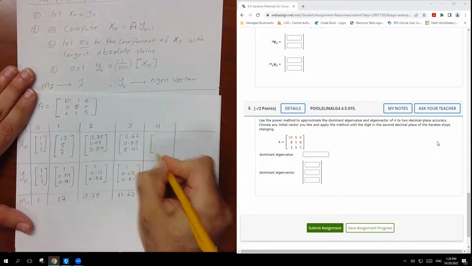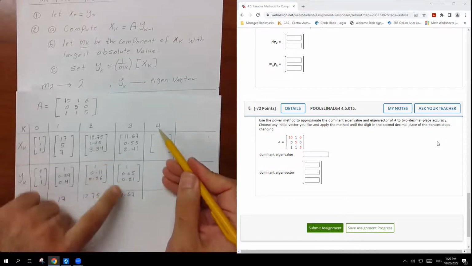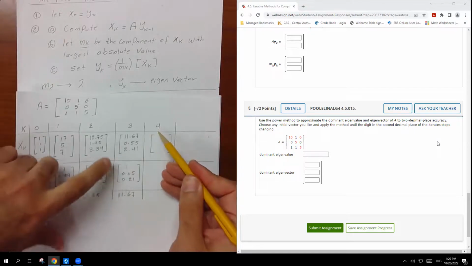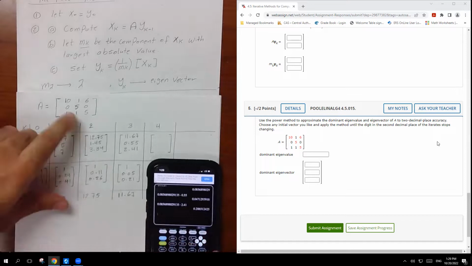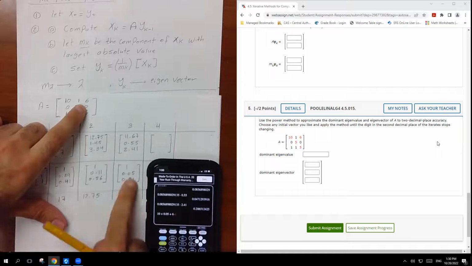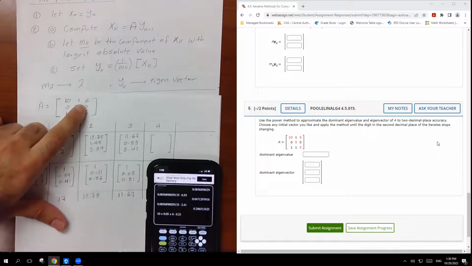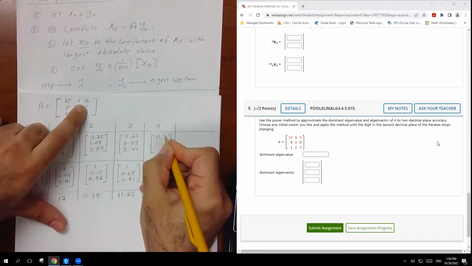Almost. Now what we're going to do is find x4, which is a times y3. So it's going to be, here is a, 10 times 1 plus 1 times 0.05 plus 6 times 0.21, which gives 11.31.